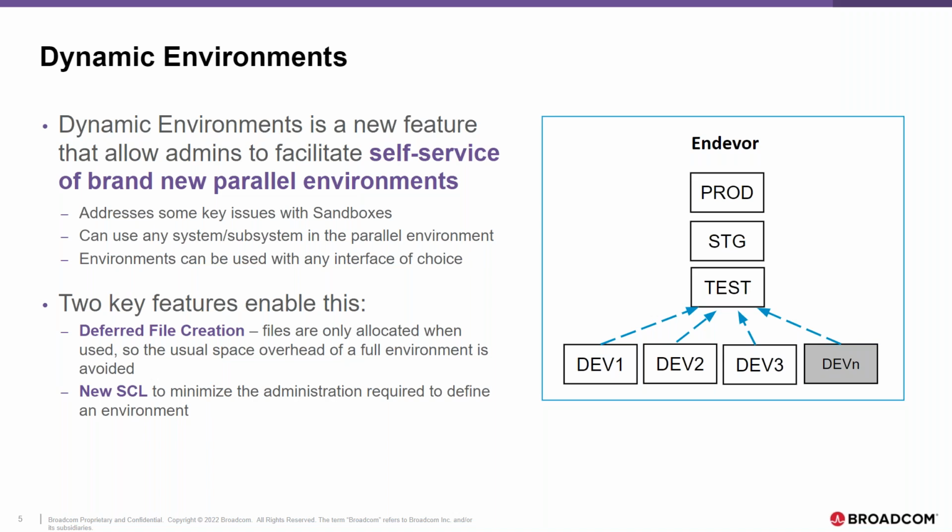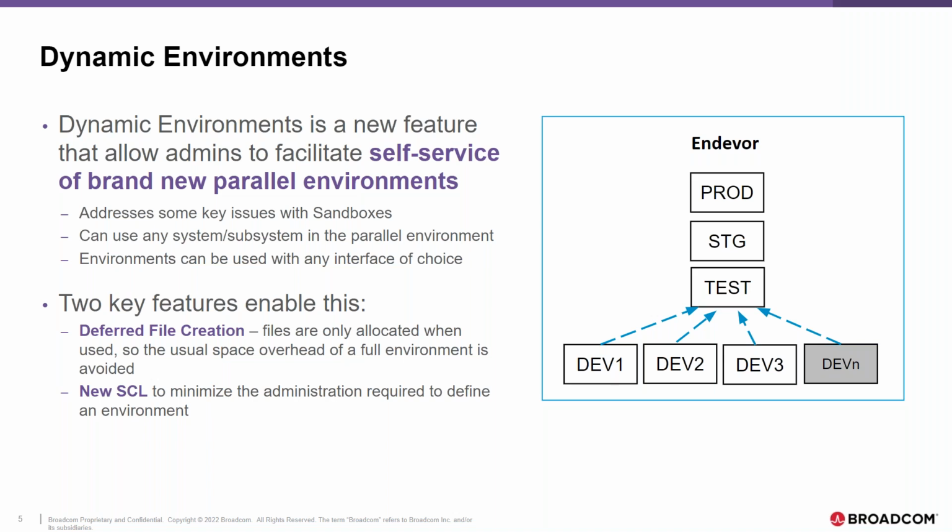So let's say I'm only making a change to a small piece of my application. Yes, my whole application can potentially span lots and lots of systems and subsystems, but if I'm only making a small change to a small piece, it's only going to allocate the backing files that are needed for that. And it does it at the last minute.